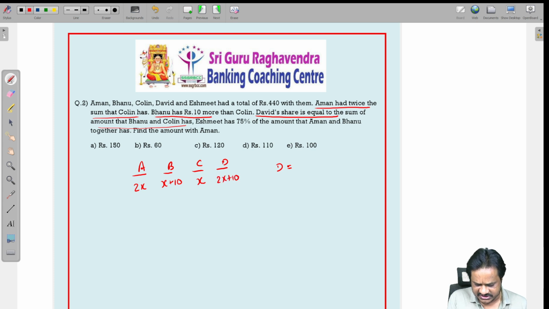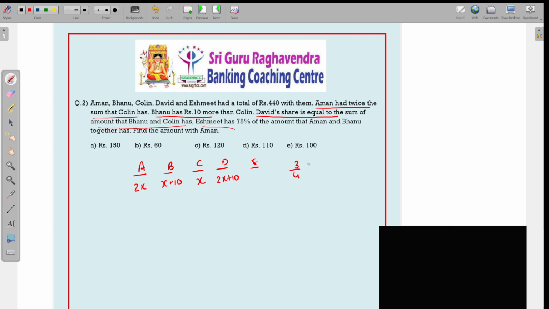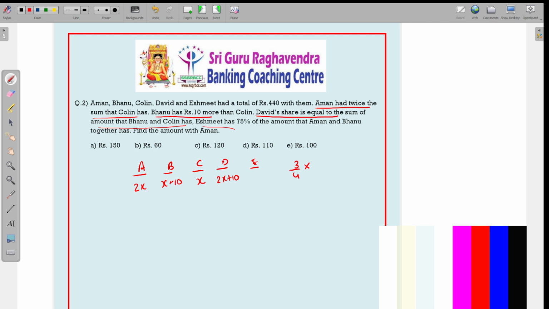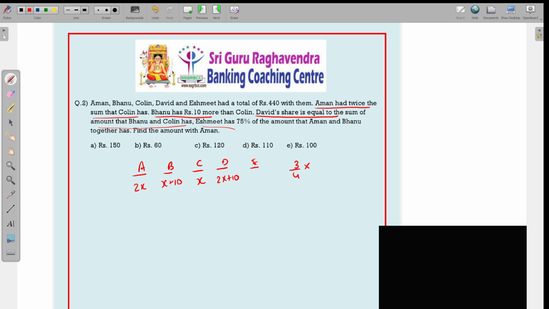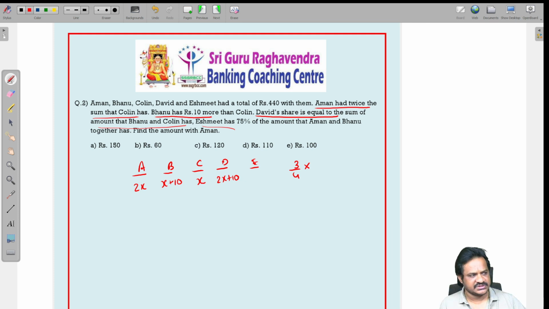So, Banu and Colin means it will be 2x plus 10. Yashmat, there is one more person, Yashmat E. Yashmat is having 75%. 75% is nothing but 3 by 4 of Aman and Banu together. Aman and Banu together means Aman 2x, Banu x plus 10.